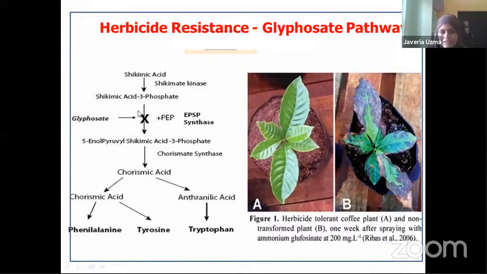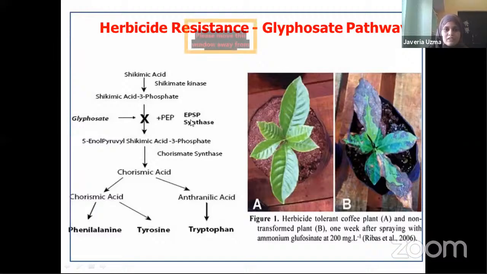In all plants, this pathway will be present, either in your weeds or in your crop of interest, and with this pathway, amino acids are synthesized which help in growth of the plant. When you spray herbicide, the glyphosate present in it will block this pathway at this step. The EPSP synthase enzyme will be blocked due to this glyphosate.